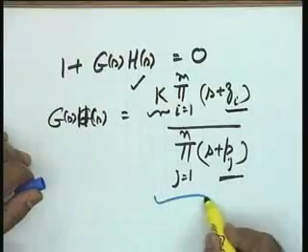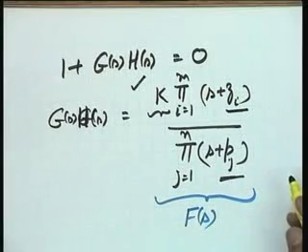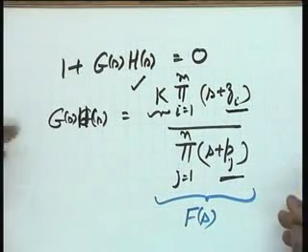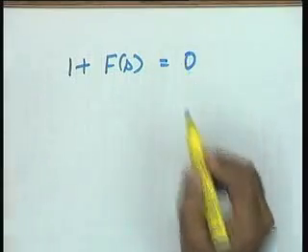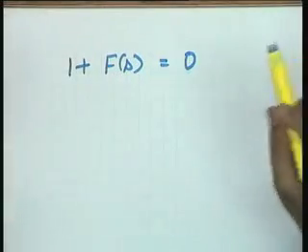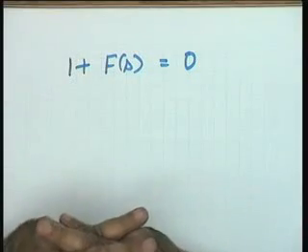Okay. So this total function, if you don't mind, I just name it by a single function, polynomial function Fs. In that particular case, I can say that the characteristic equation of the system is given by 1 plus Fs equal to 0. 1 plus Fs equal to 0 is the characteristic equation of the system.